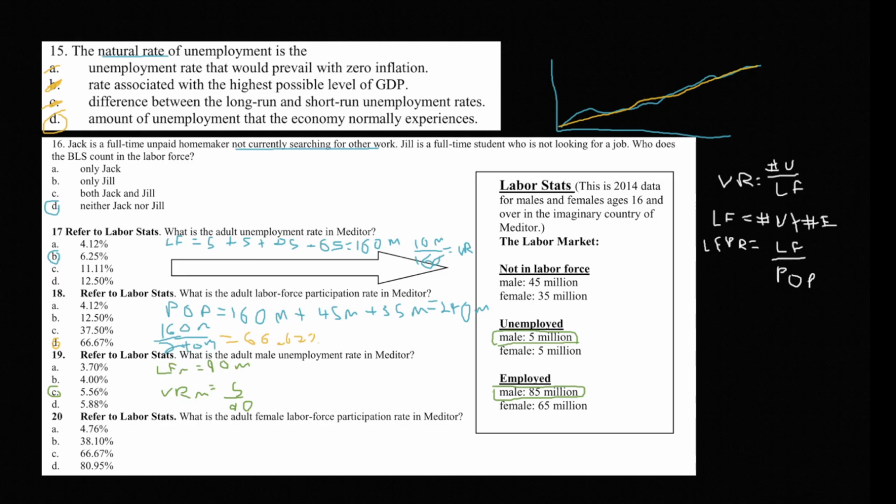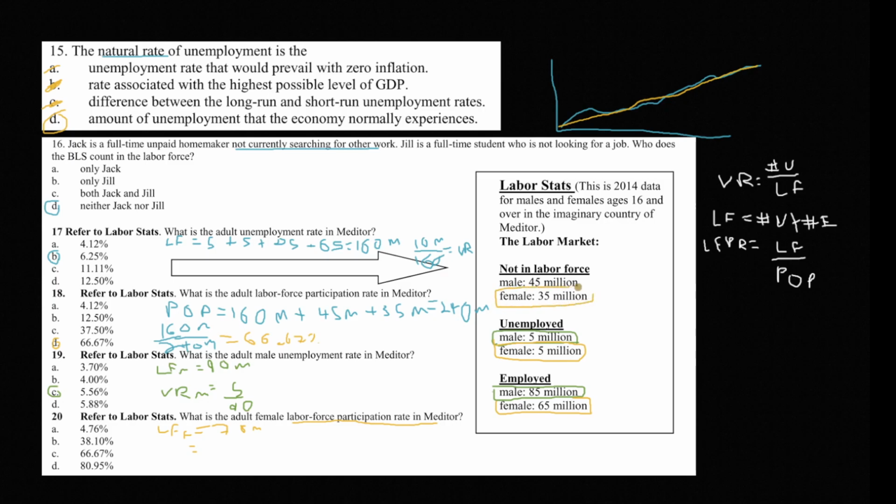Then I will do this next one in yellow so I can circle that one. What is the adult female labor force participation rate? We need to calculate the labor force for females. It's going to be 5 million and 65 million, that is 70 million. And the labor force participation rate is that divided by the total population.